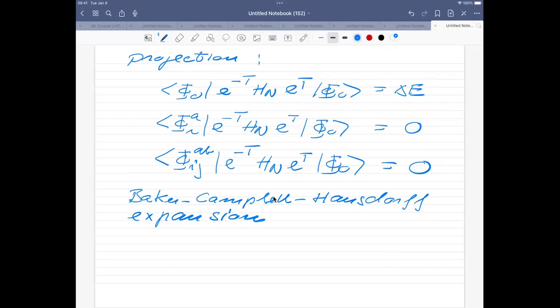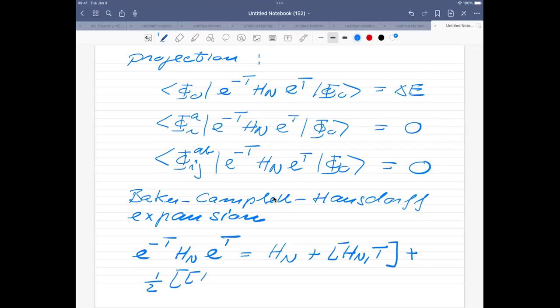So this similarity transformed Hamiltonian, which we have, E of minus t of h of n of E of t, this is something which we can now rewrite as a set of nested commutators. So we're going to get a commutator of h of n with t, and then we're going to have higher and higher commutators here.